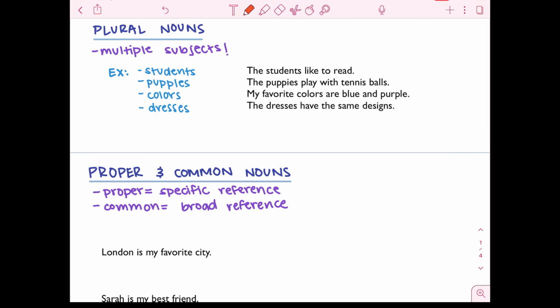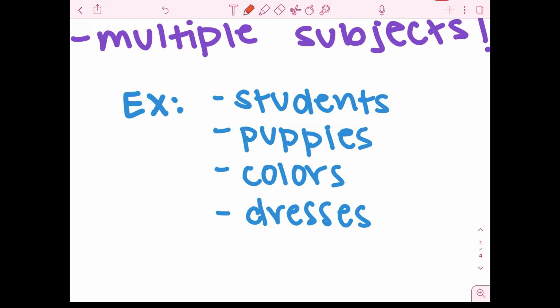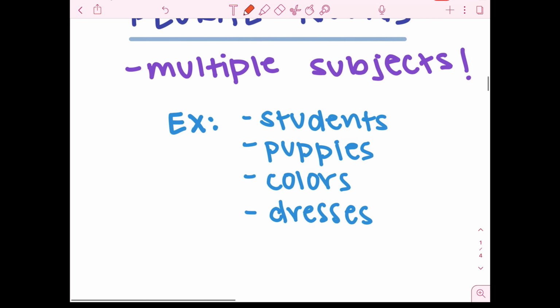So let's look at a couple of examples. Here are some words that are plural nouns: students, puppies, colors, and dresses. So you notice if you take out the S and make the noun into a singular form, so student, puppy, color, or dress, they are all nouns. So all we have to do is make it plural now. And there are different rules for different words.